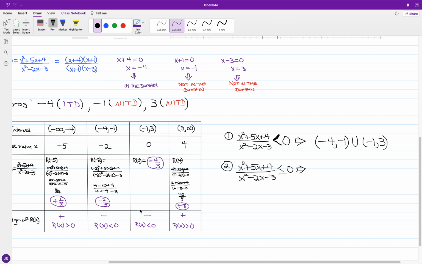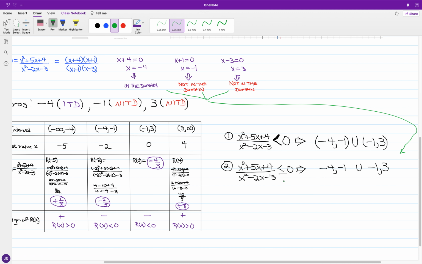So it'll be in the same direction as where R of x is less than 0. So I'm still involving the limit values, -4 and -1, as well as -1 and 3. And just kind of taking what we have here, just doing a little bit of color coding.